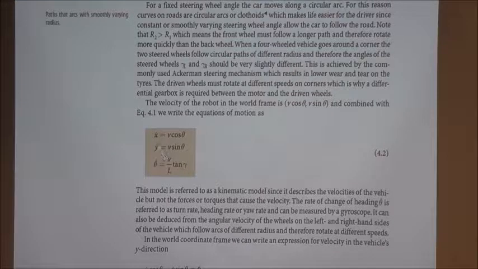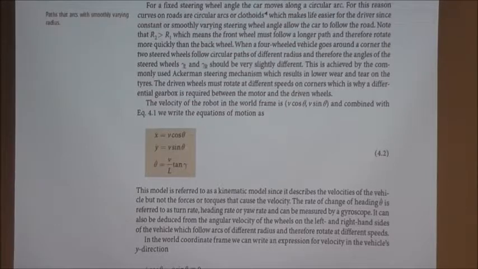Furthermore, this equation is in a sense similar to forward kinematics of a manipulator. Remember what we said: kinematics is the study of the relationship between the chain of links of a manipulator, regardless of the forces and torques that created that movement.